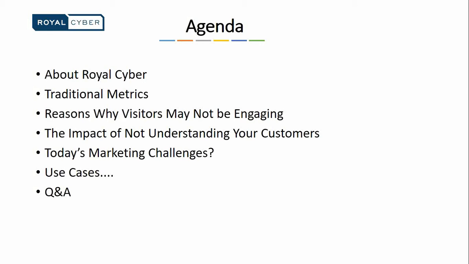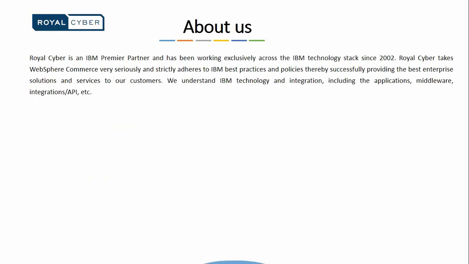There might be n number of reasons with the traditional metrics that we are doing right now, and we will try our best to answer what exactly the challenges are here, and a few of the use cases, followed by the question and answers.